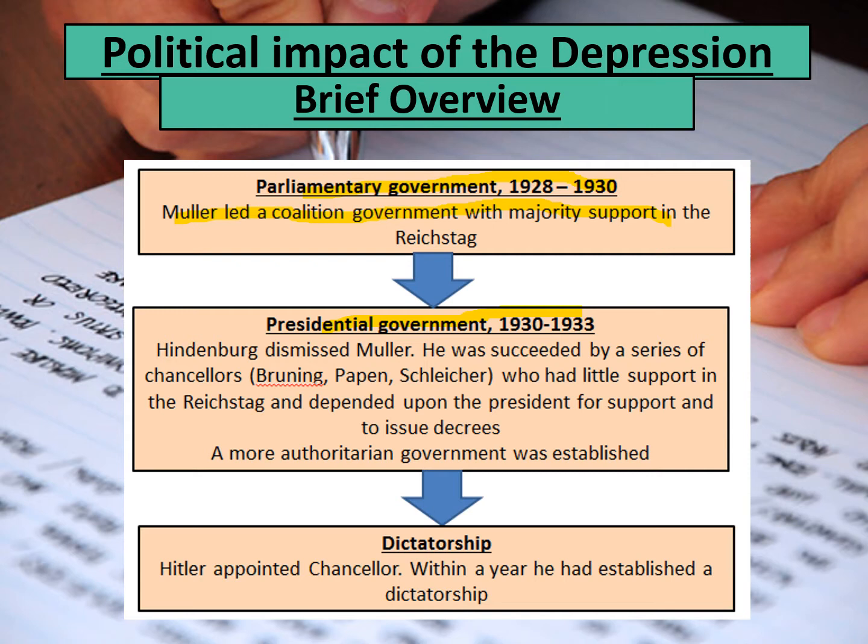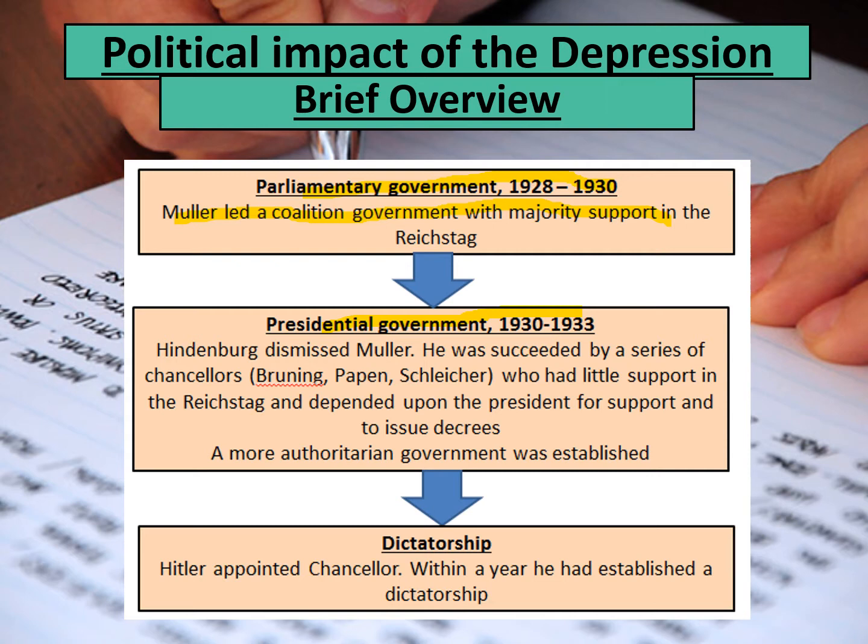So the second phase that we need to know about is the presidential government, where essentially there is no party with a majority, there are no effective coalitions formed with majorities, and therefore all the laws passed from March 1930 have to be passed by Hindenburg using Article 48.